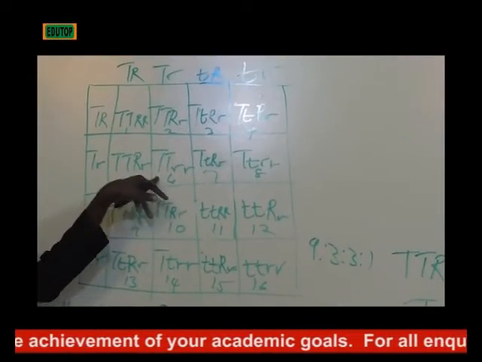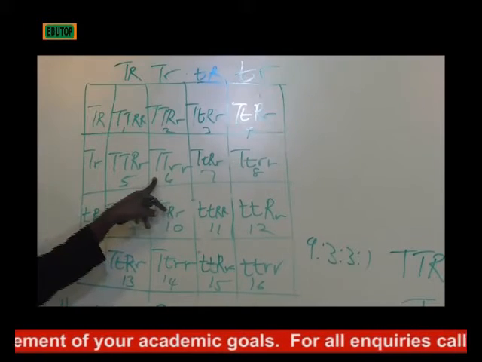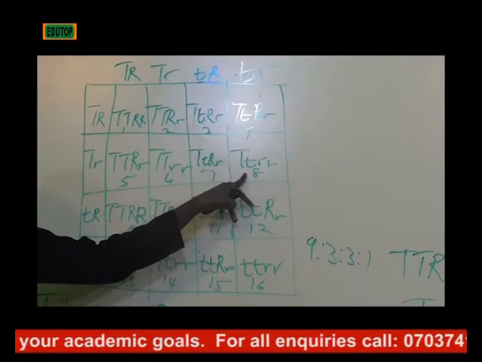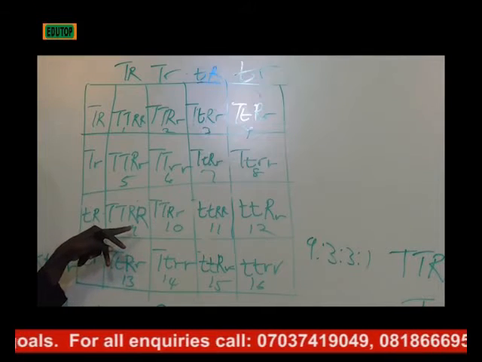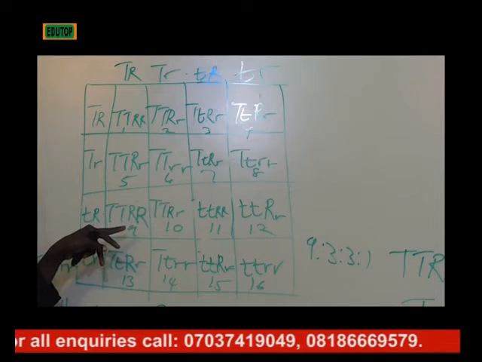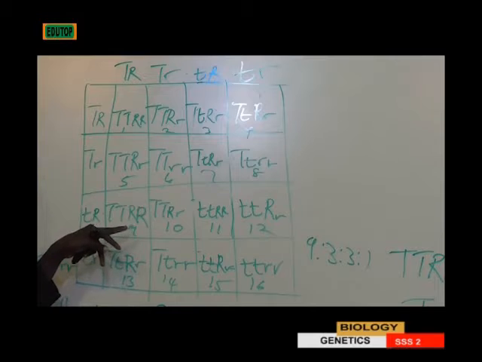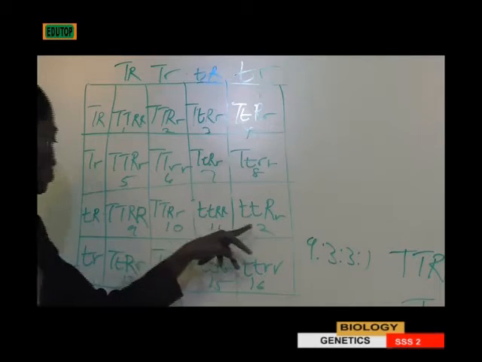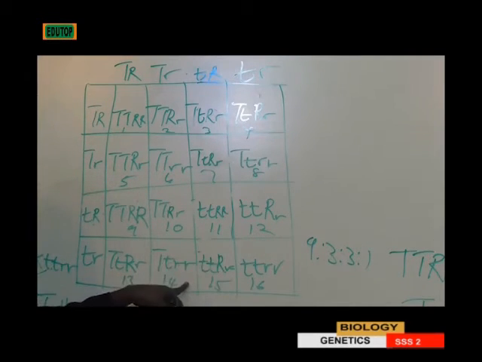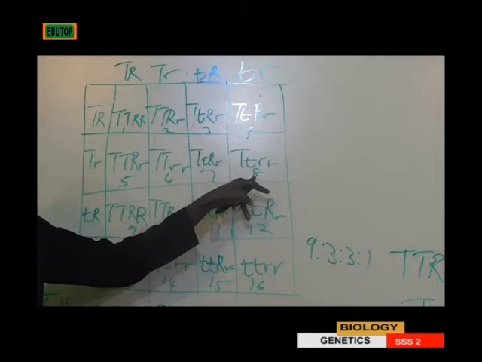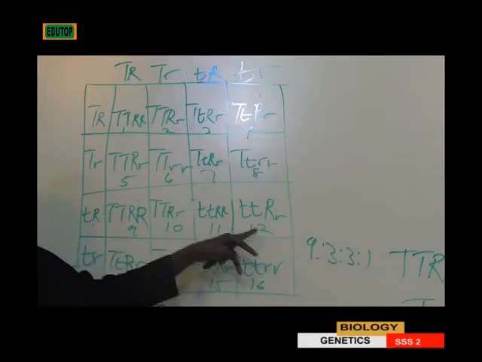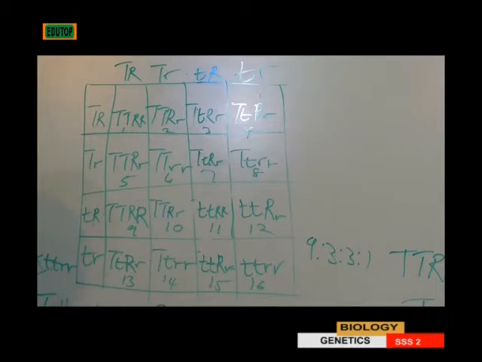Number 6, that is 1. Which other one? Number 8, that is 2. Which other one? Let's check together. We are looking for tall and wrinkled. Then number 14. Can you see? Number 6, tall and wrinkled. Number 8, tall and wrinkled. Then number 14. So they are 3.